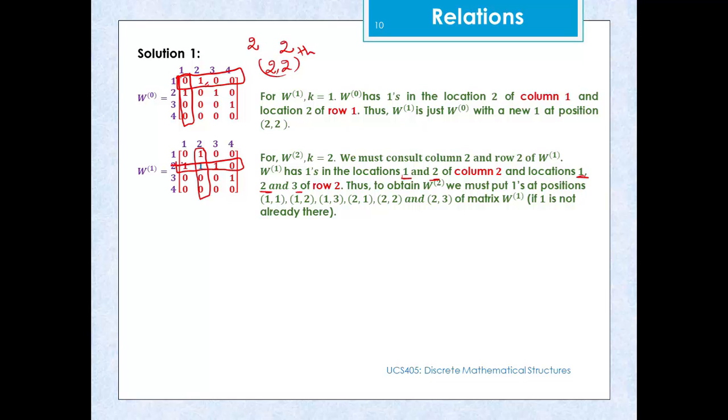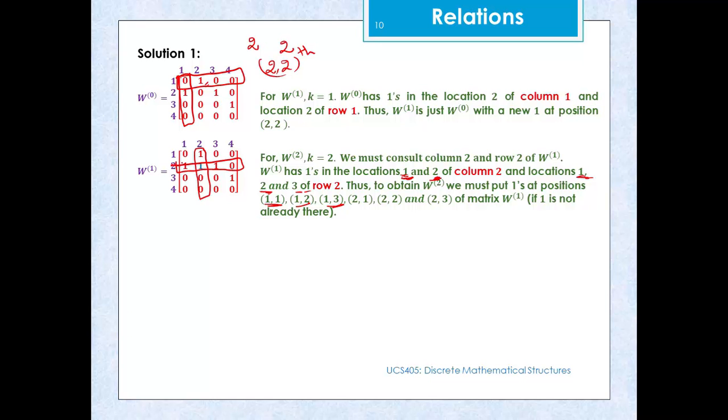So what we have to do? We have to put the ones in the locations in W2 where the locations are 1 comma 1, again 1 comma 2 and 1 comma 3.